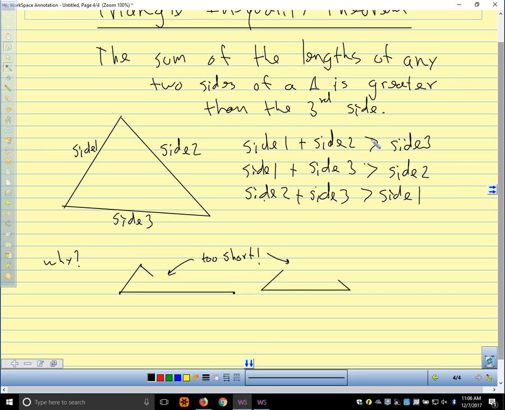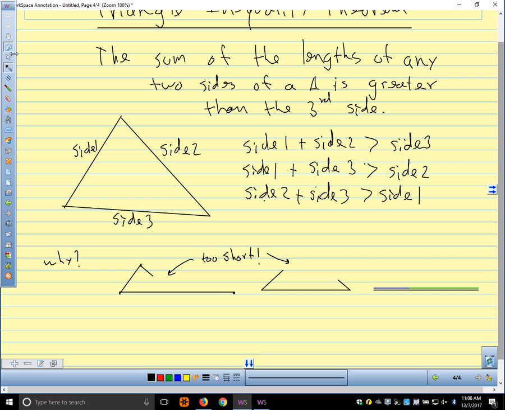And notice it says greater, not greater than or equal. If the two sides add up to be exactly equal to the third side, I'm going to put them kind of on top of each other here. We get a situation like this. If they're exactly the same and we connect them up, there's not enough space to make an angle.